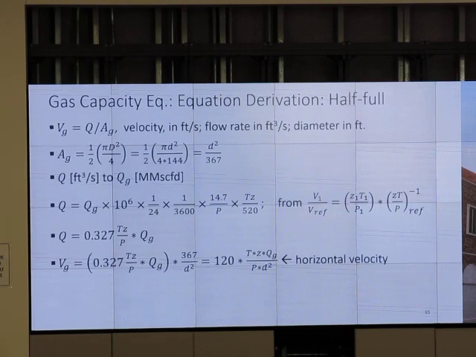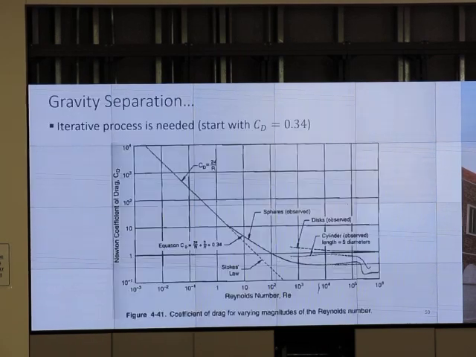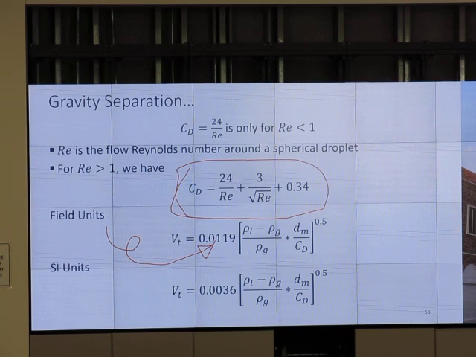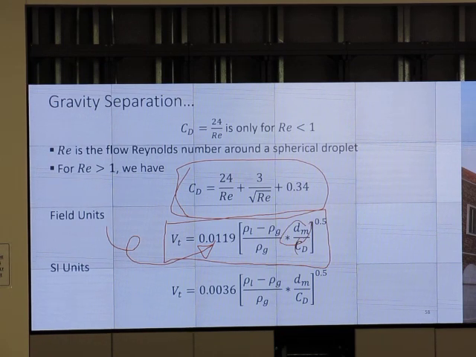Once I know d_m, I can calculate velocity, V_t equal to something. I can calculate that because I know d_m and C_D, but C_D is an assumption, right? I assume 0.34, then I calculate terminal velocity.